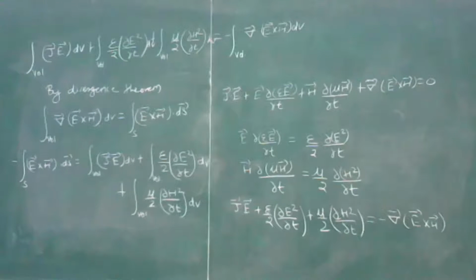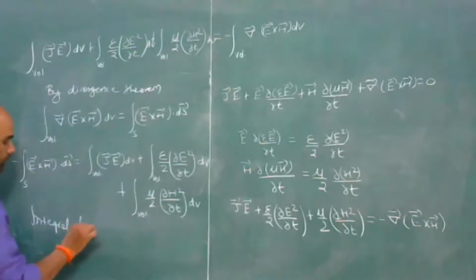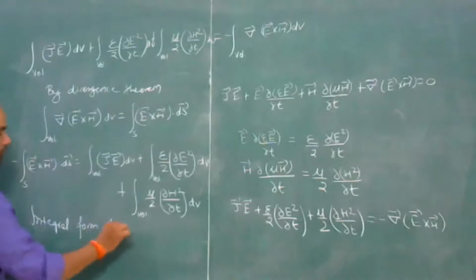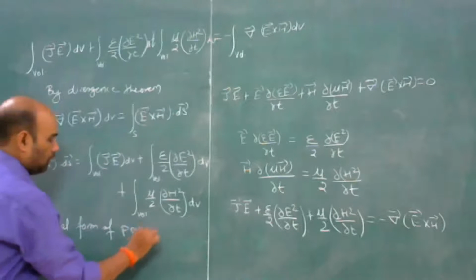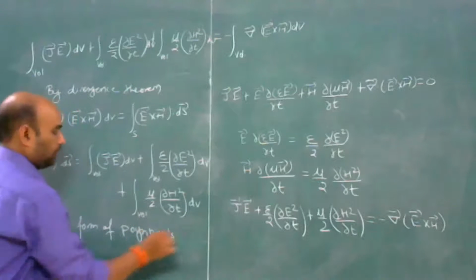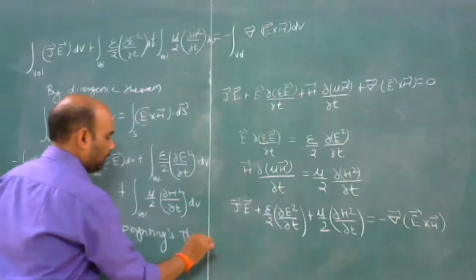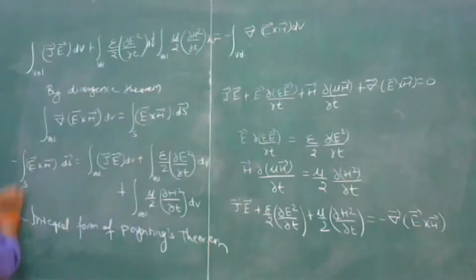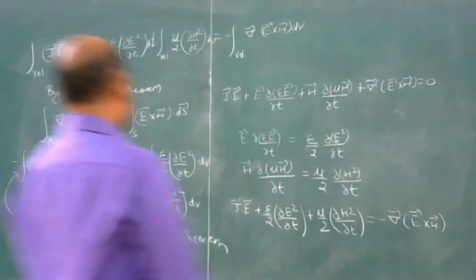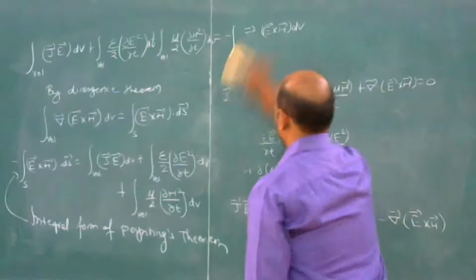This is the integral form of Poynting's theorem.